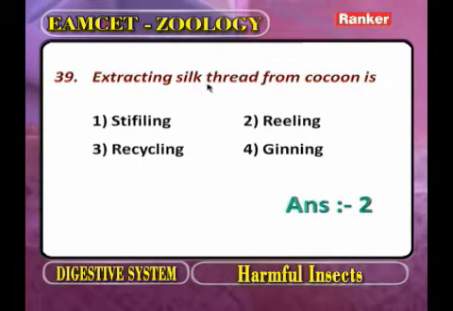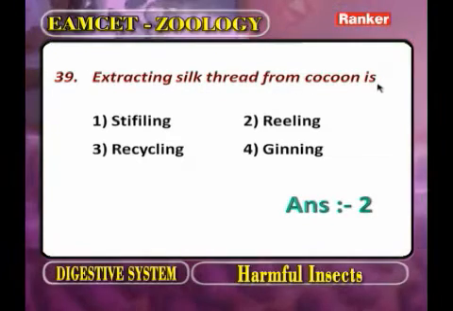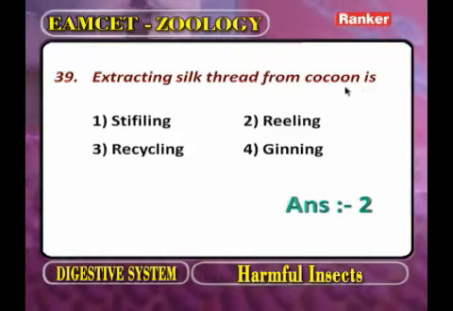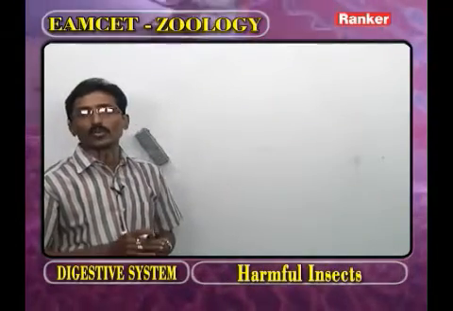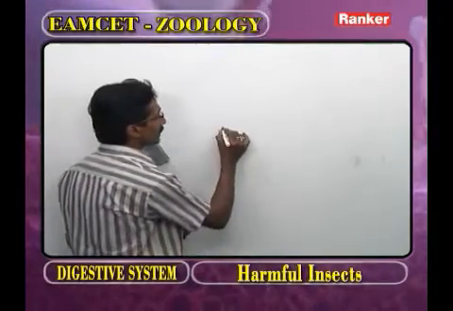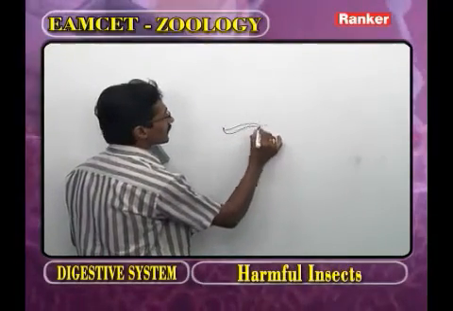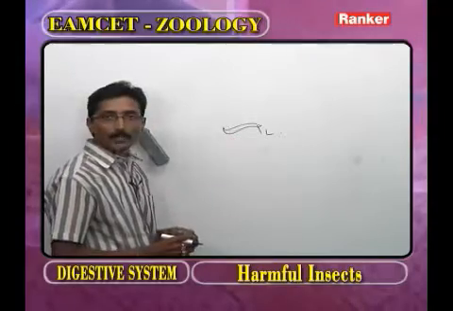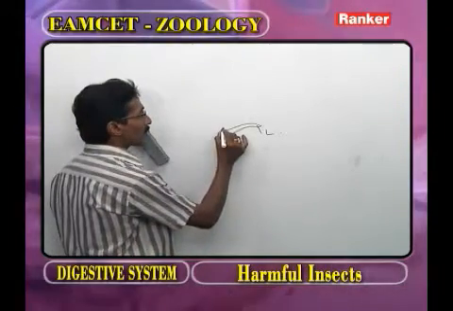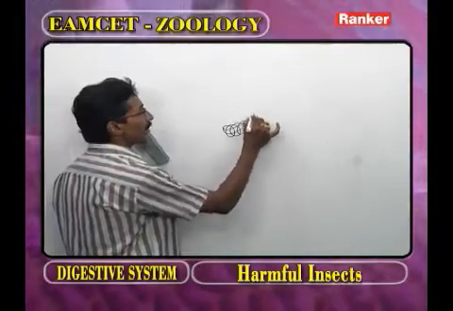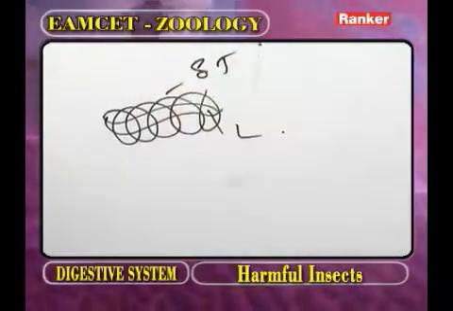Extracting silk thread from the cocoon. Now, as we observe the second beneficial insect, that one we call silkworm moth. In the life history of silkworm moth, this one we call the larva. The larva is called caterpillar. Now the larva coils the silk thread around its body. This is silk thread.